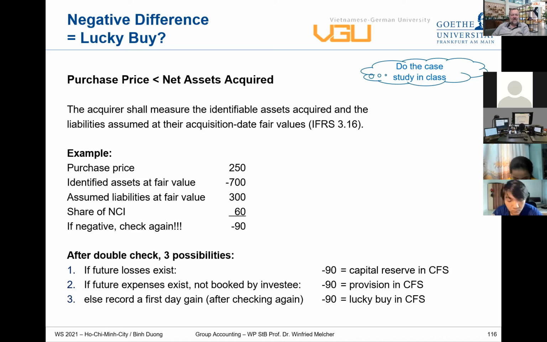Question, why would you not set up a provision for those future losses? Can you put that answer in chat for me? The question is, I just said if there are future losses, we would set up a capital reserve. So why wouldn't we set up a provision for future losses?